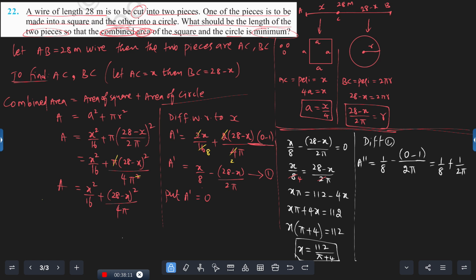Whatever you see, you should apply the x value here, but even if you apply it, no change; this will be positive only, greater than 0. There is no negative there. So it is greater than 0.